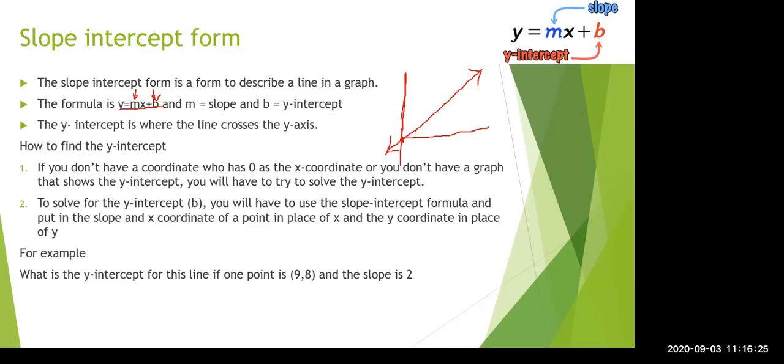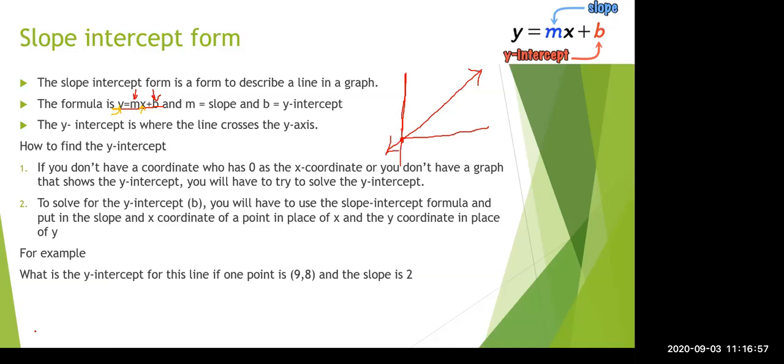To solve for the y-intercept, which is b, you have to use the slope-intercept formula, and you put in the slope and the x-coordinate of a point in place of the x, which is right here. I'll see if I can change the color. Yes. So this is the x point, and the y-coordinate in place of the y, which is right here. So now I'll go back to red.